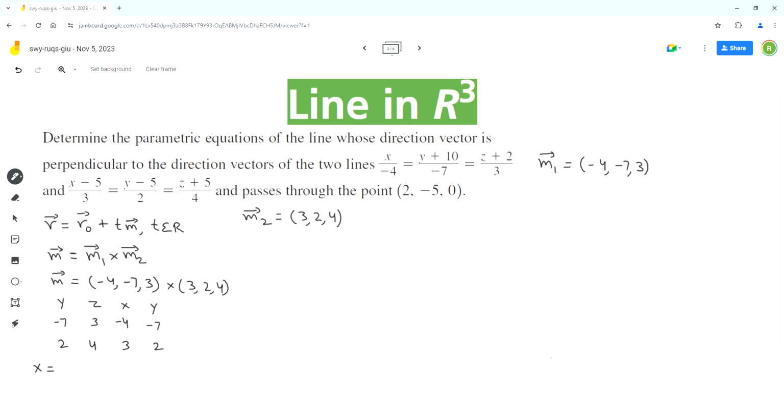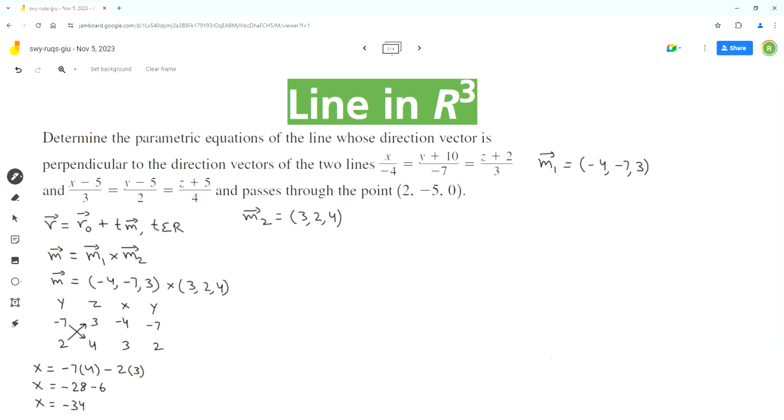So we start with -7 times 4 minus 2 times 3. I get x equals -34.